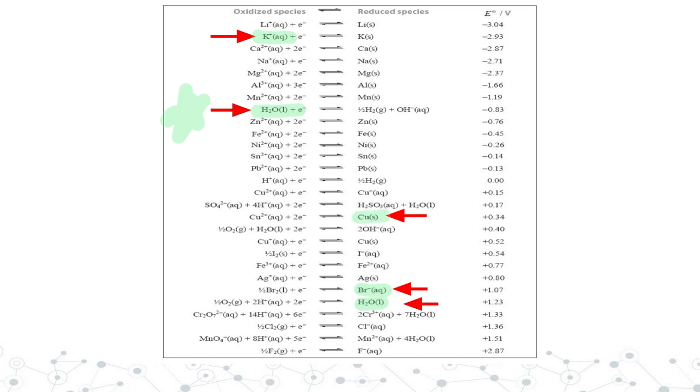So our solid copper is actually higher in the table than the bromine and the water. And so that means that this is going to be our strongest reducing agent. So the copper itself is actually going to undergo oxidation. And with our water, strongest oxidizing agent, that's going to undergo reduction.